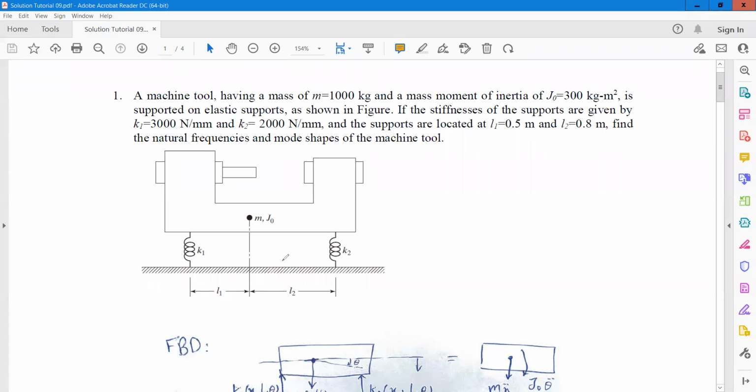So we deal with a system with 2 degrees of freedom, as you can see, and we can consider different sets of coordinates to extract the equation of motion for this system. In the problem, it's not mentioned which coordinates should be considered, so you are free to consider any set of coordinates.